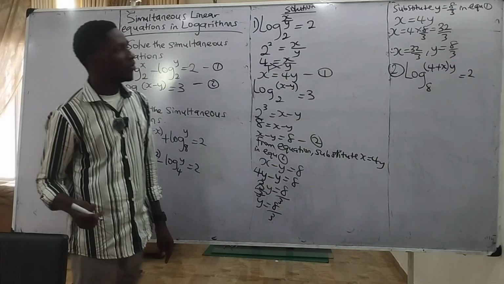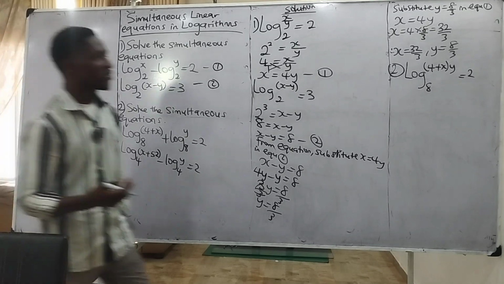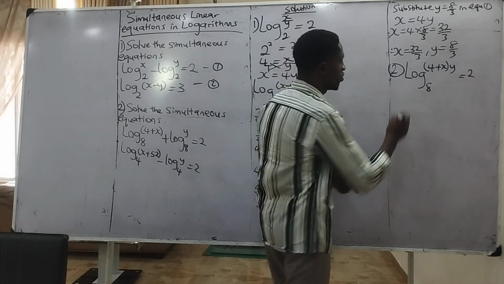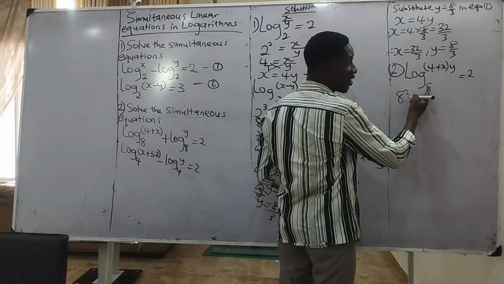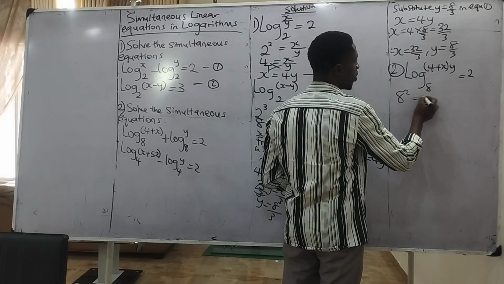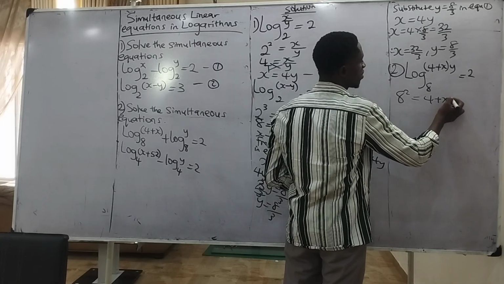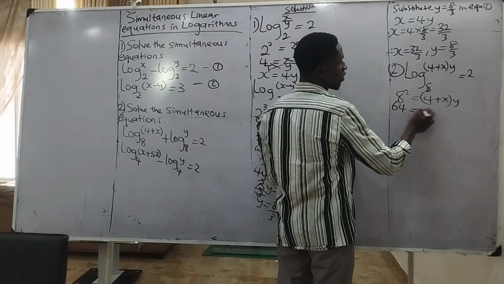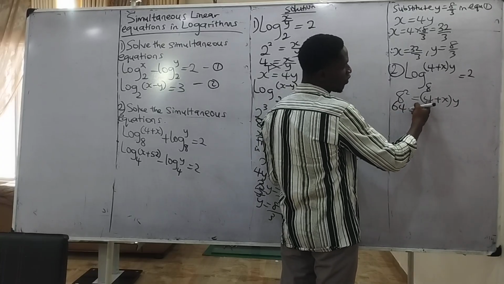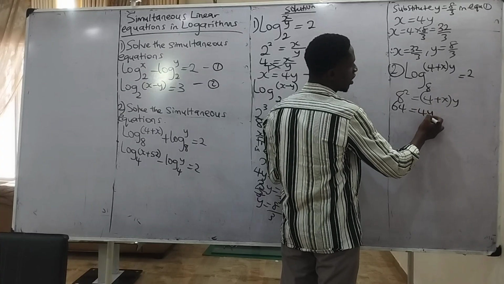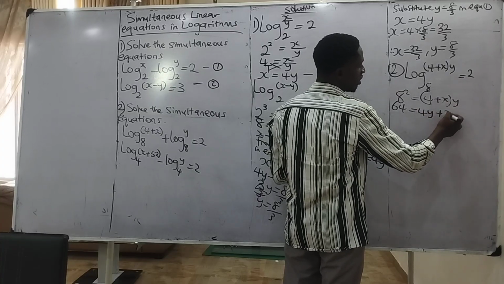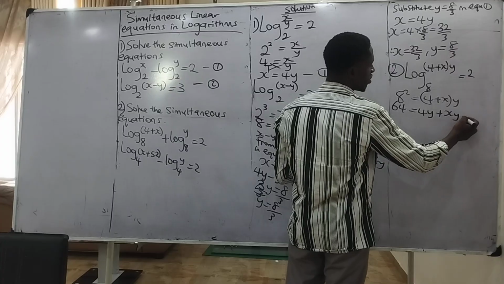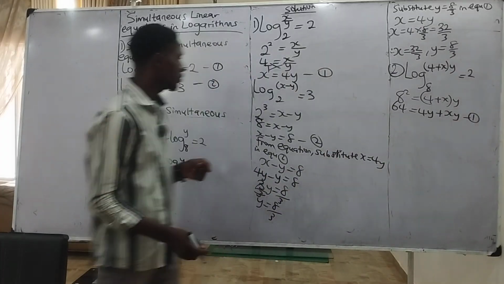Using the relationship between logarithm and indices, we have 8 raised to the power of 2. The base here raised to the power of anything here is equal to 4 plus x bracket y. 8 squared is 64 is equal to, let's open the bracket, 4 times y is 4y plus x times y is xy. Let's call this one equation 1.